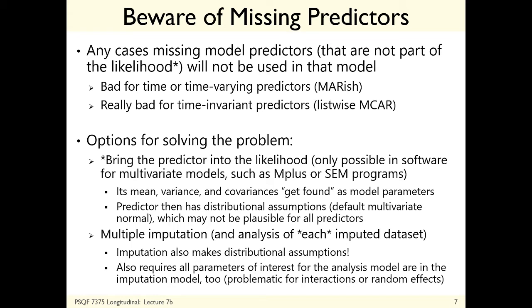The other option is multiple imputation. You would then impute data from a model, make a bunch of imputed data sets, run the same analysis model on all the data sets, and compile the results. And programs like M+ make this very easy to do.